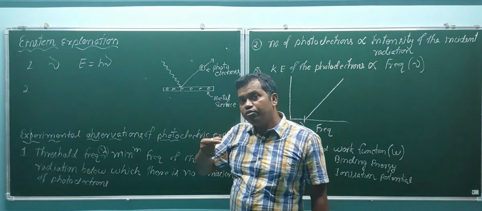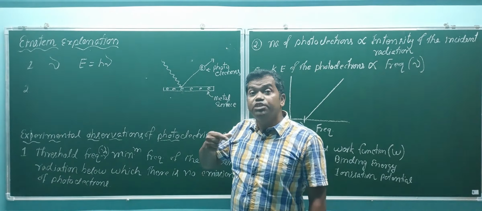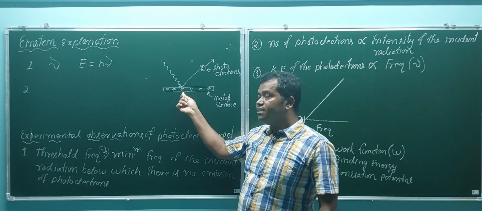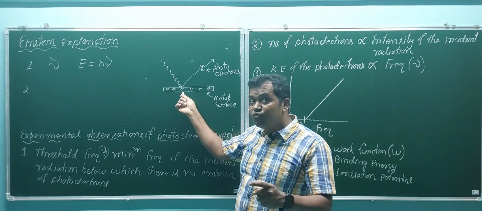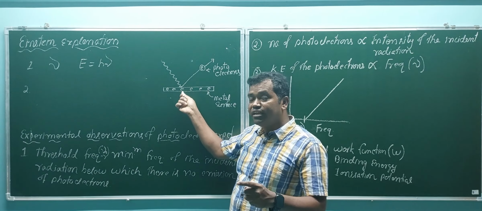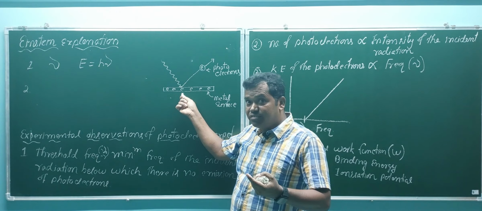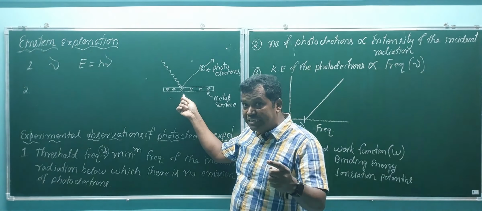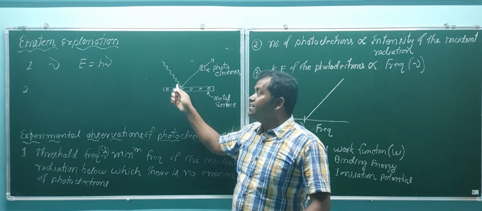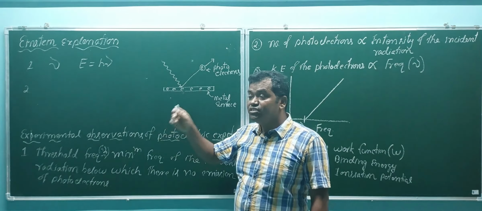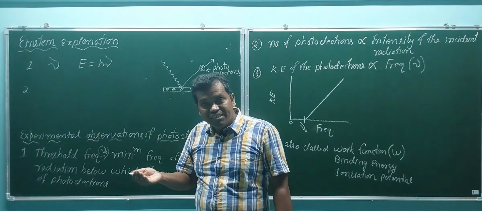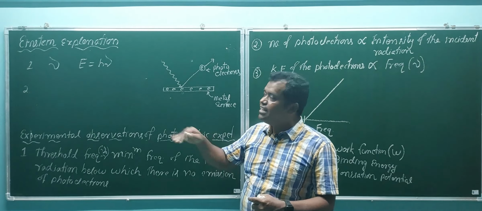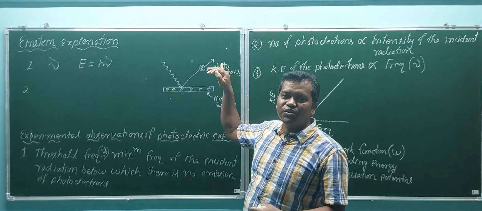Now, a part of that energy is utilized to overcome the force between the electron and the metal ion, that is, to overcome the work function, the potential energy, the binding energy. So a part of that energy is used to overcome the work function, and the remaining energy is utilized as the kinetic energy of the electron.